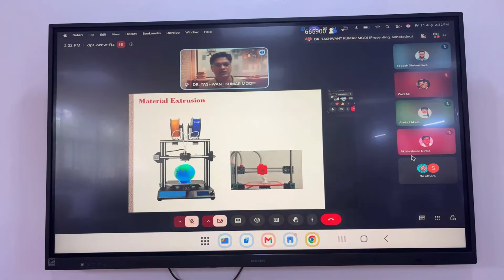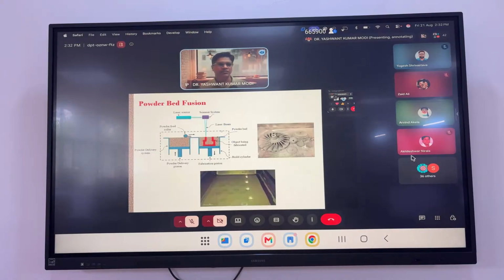Material is used in the form of filament, as you can see on the screen, and the filament is extruded through an extruder head, where it gets melted inside the extruder and simultaneously gets printed onto the substrate. So it works like that.